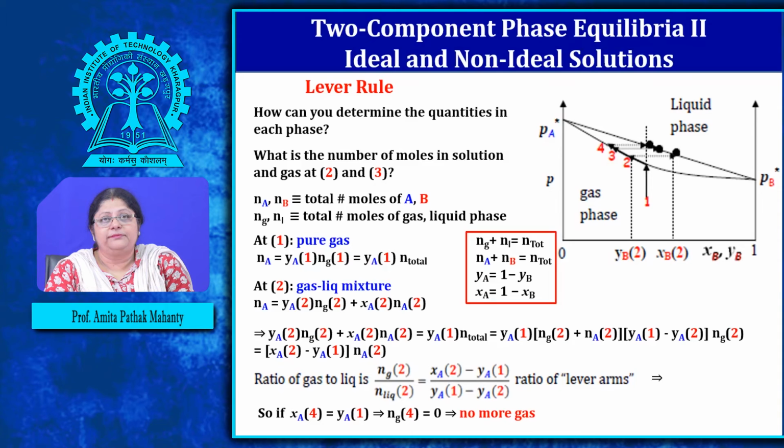You try to take common and simplify and read Na as NL liquid, and take the ratio of Ng by N liquid at point 2. Simplify this. Are you doing? Yes, ma'am. Simplifying it.